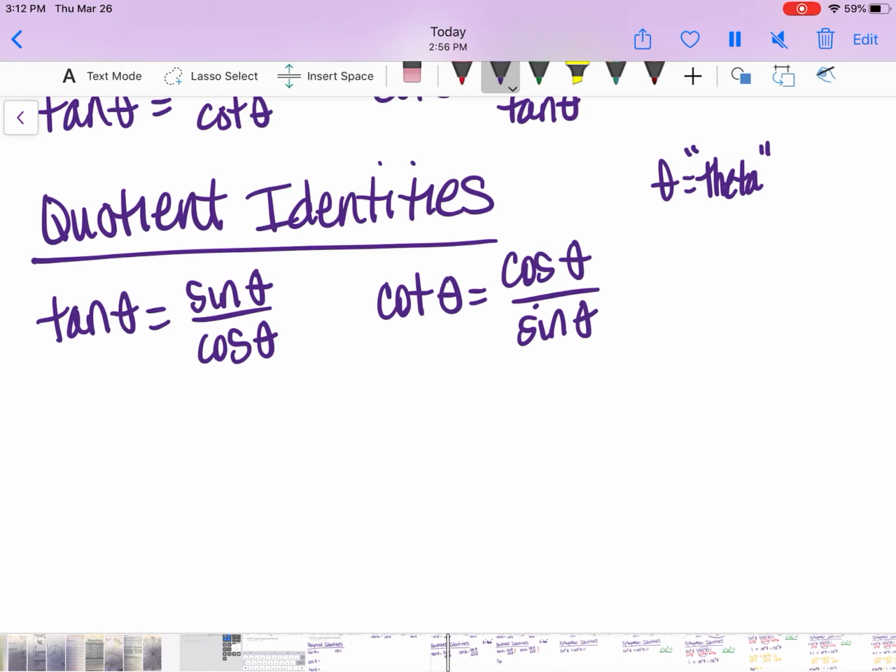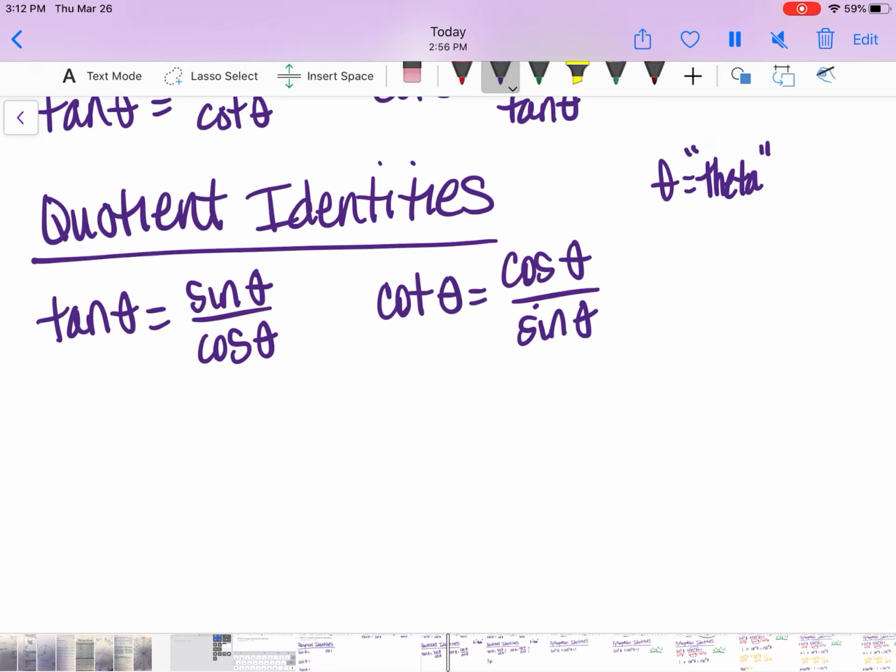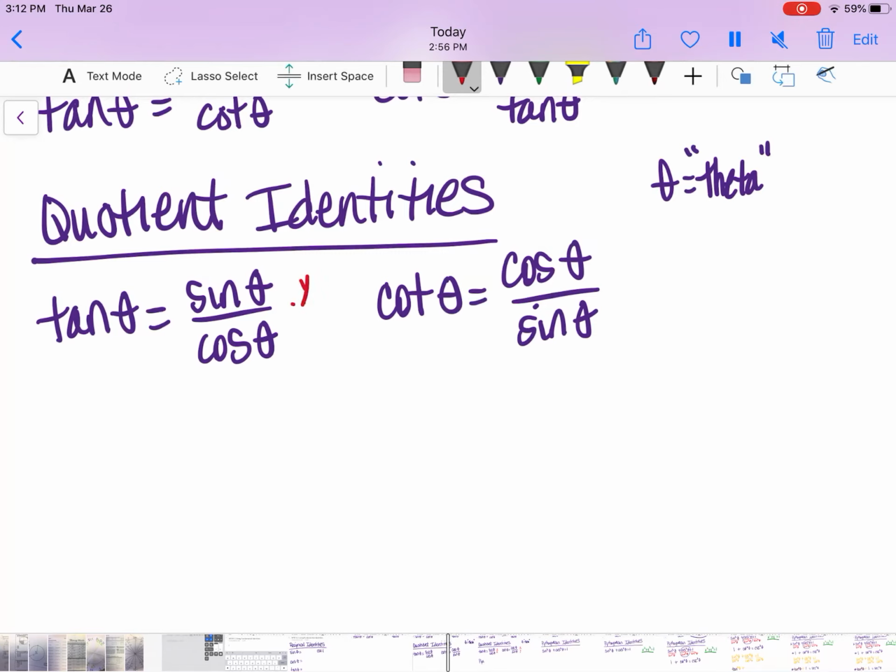Now, we talked about how on our unit circle, we know our formula for tangent. Tangent is y over x. Well, think about this for a second. What is y on our unit circle? Is it sine? Okay, what about x? X is cosine.